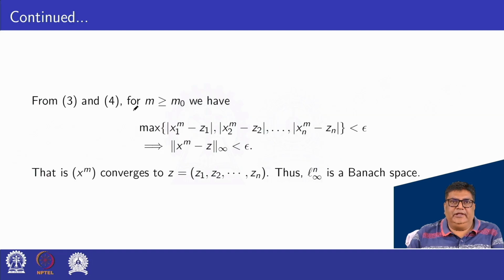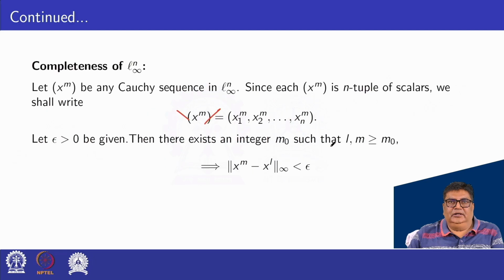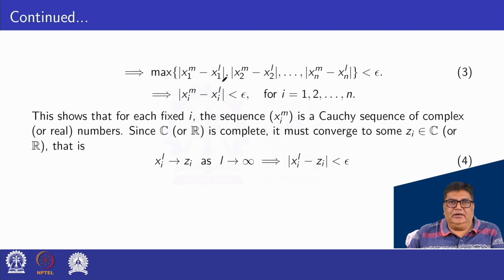From equations 3 and 4, for m greater or equal to m0, we have the max of |xm1 - z1|, |xm2 - z2| and so on |xmn - zn| less than epsilon, because here xl1 converges to z1, xl2 converges to z2, xln converges to zn for i = 1 to n.